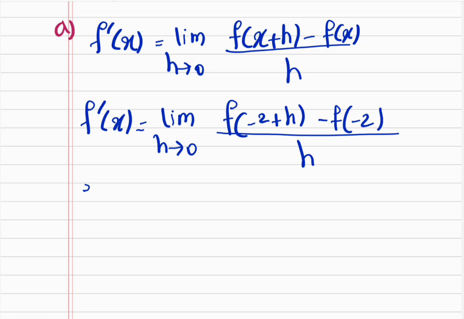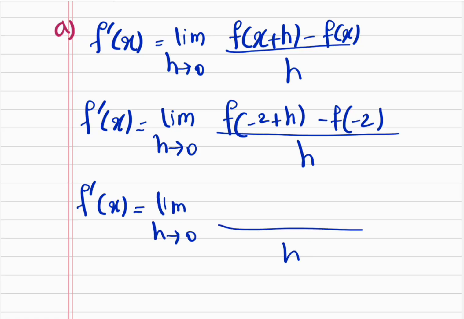Now in the next step, we can substitute into the function. Instead of f of -2 plus h, we write (-2 plus h) cubed, because f of x is x cubed. And then it's minus f of -2, which is (-2) cubed.